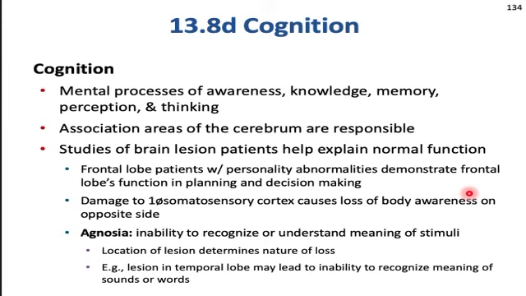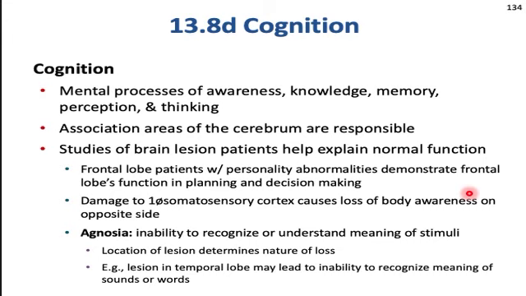Frontal lobe patients show personality abnormalities, and when frontal lobe function is damaged, we see problems with planning and decision making. Okay, damage to the primary somatosensory cortex causes loss of body awareness on the opposite side. So if there's damage on the right, we experience it on the left, and so on.